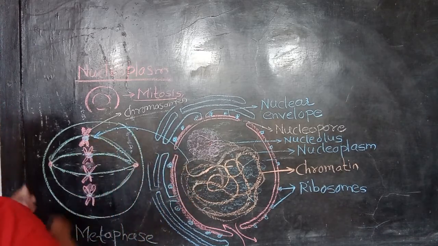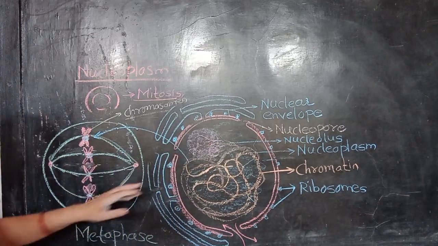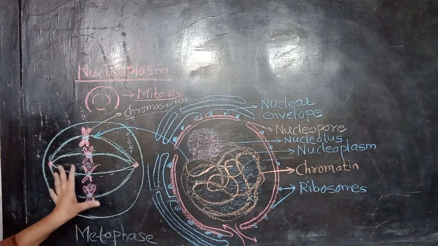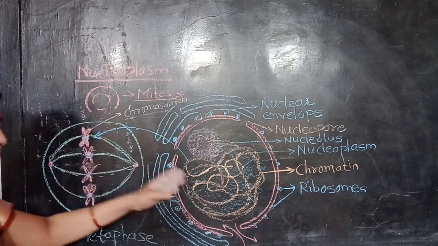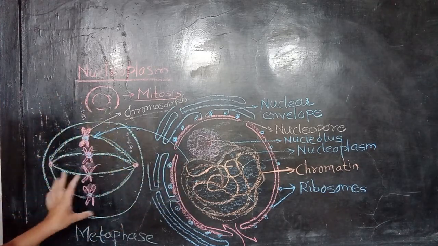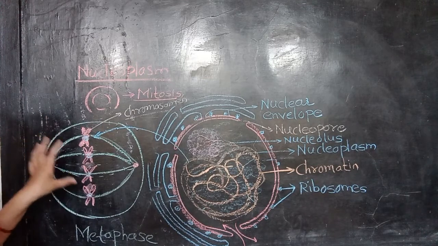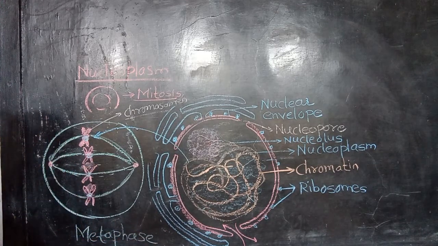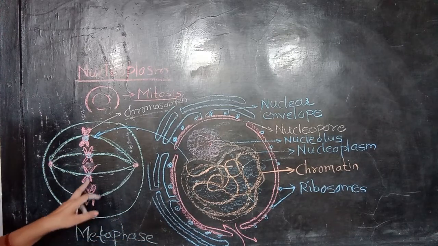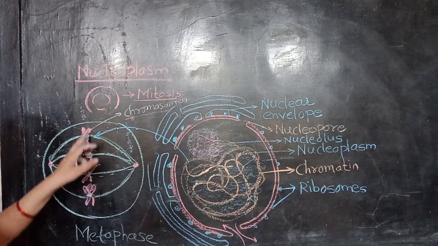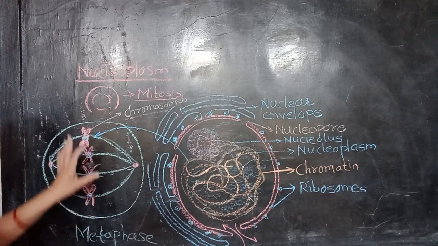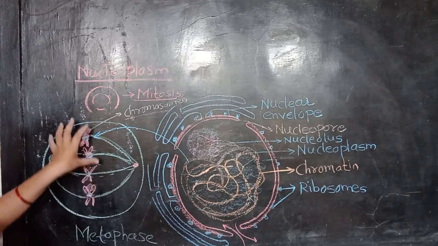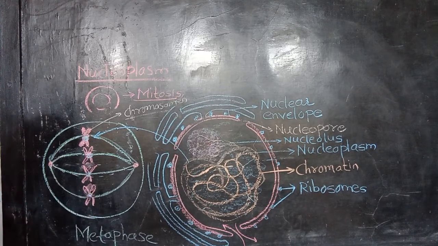So when are chromosomes formed from chromatin material? Chromosomes are formed from chromatin material when the cell is in division stage, exactly in the metaphase stage. So this cell is in metaphase stage, and in metaphase chromosomes are clearly seen. Chromosomes are arranged on the equatorial plate of the cell.